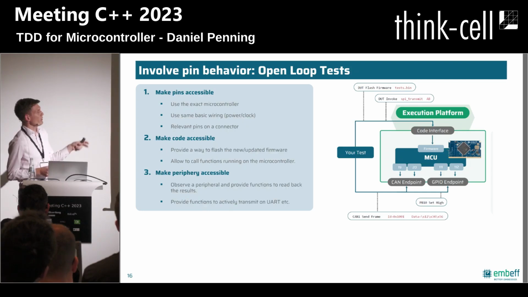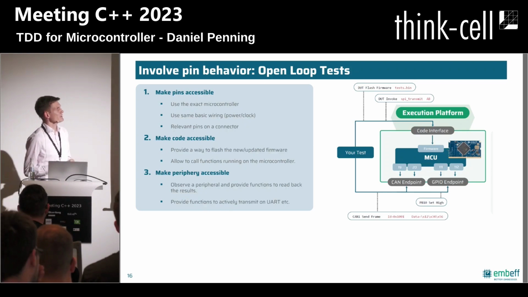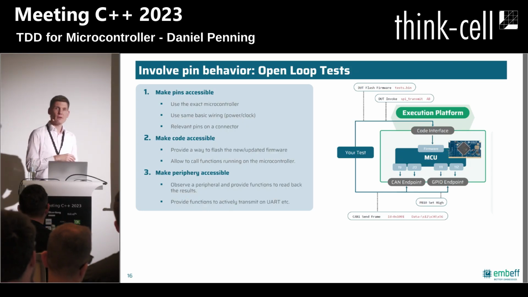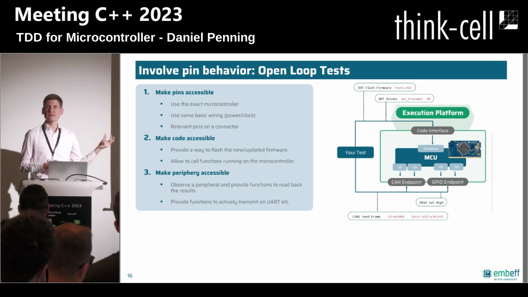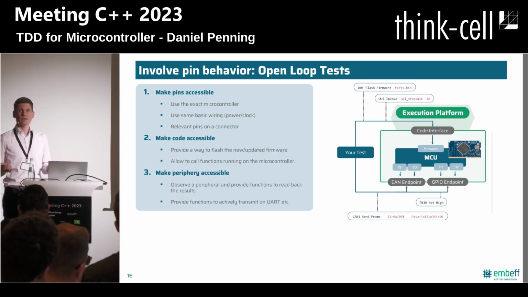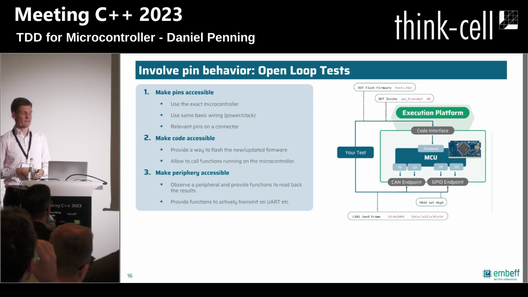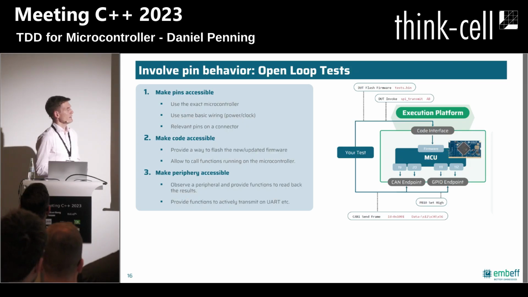So the following slides are examples based on our execution platform. This is our first commercial test system for open loop testing, but the principles I show you apply to everything else. With the principles I tell you, you can basically set up your own open loop test system.